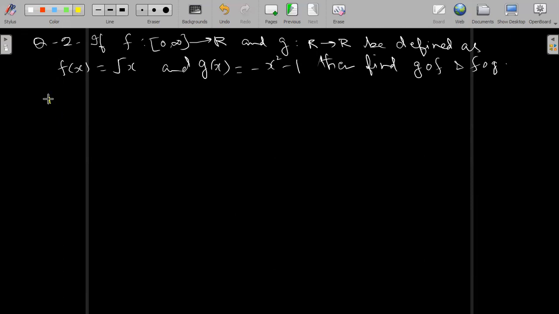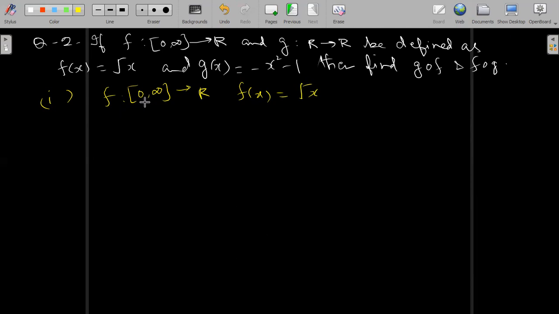Okay. So first, f is a mapping from 0 to infinity to the set of real numbers, correct? And defined by f(x) is equal to under root x. So you cannot put a negative number here. That's why 0 to infinity, all positive numbers.